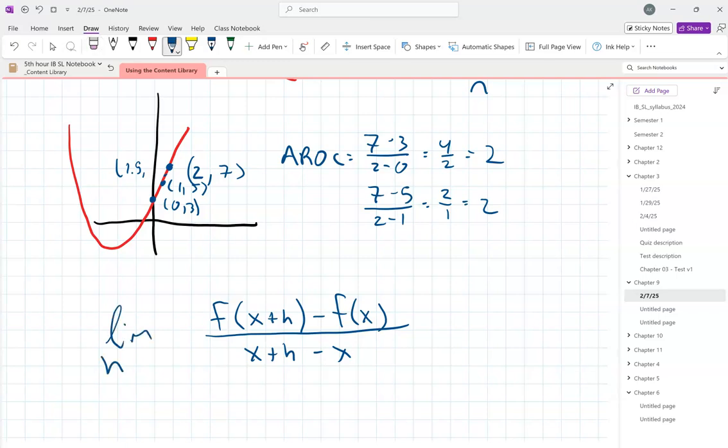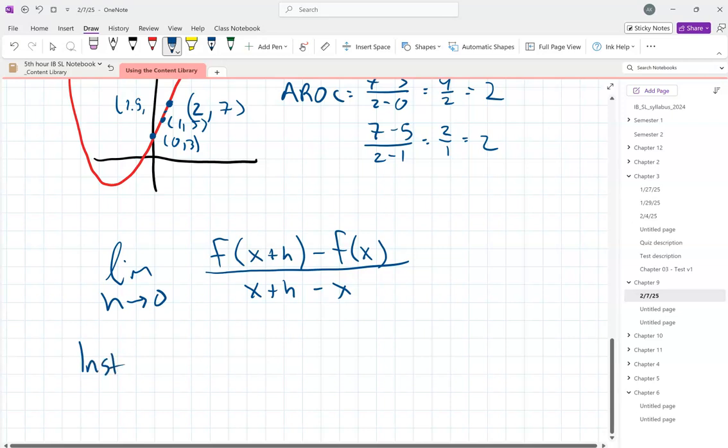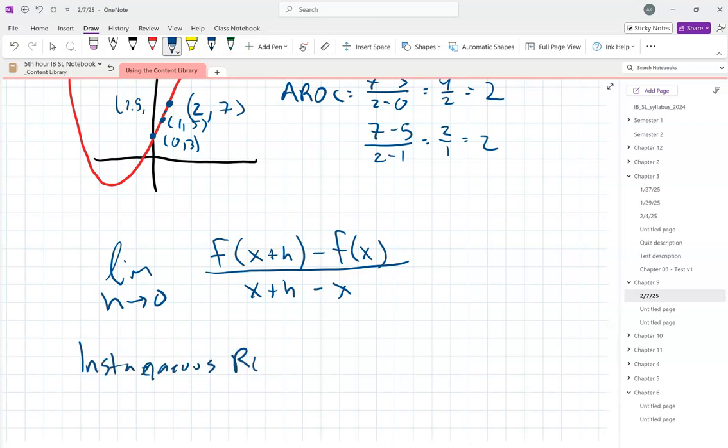And what we're going to do is we're going to say, okay, what happens as that increment goes to 0? So for example, again, if we want our instantaneous rate of change for, let me pick something that's less dumb.